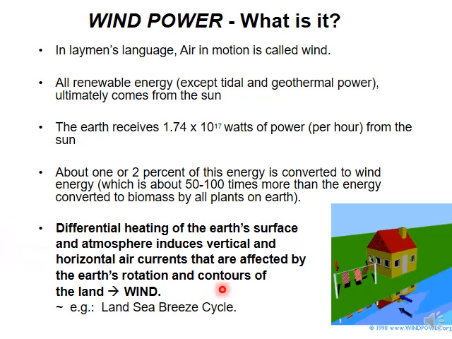The wind energy is generated by differential heating of earth surface and atmosphere. That means there is some part of earth and there is another part of the earth, and if they are differentially heated, then there will be change in the local atmospheric pressure due to change in temperature, and ultimately there will be flow of the air, as we are aware that air flows from high pressure zone to low pressure zone.